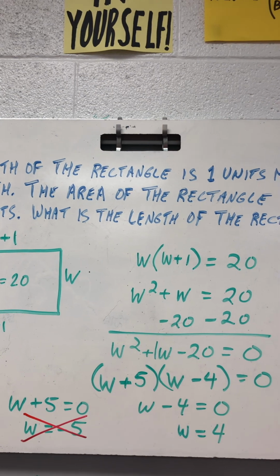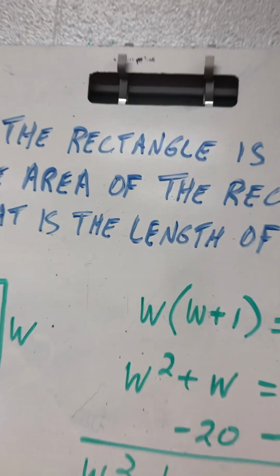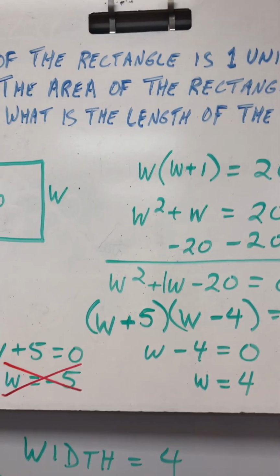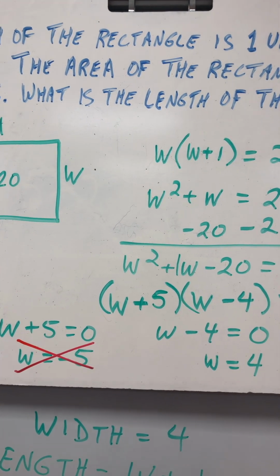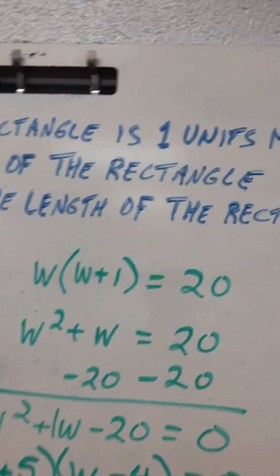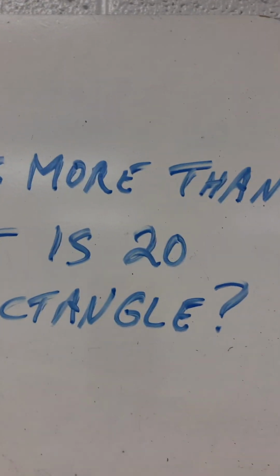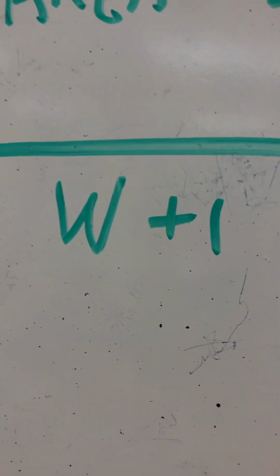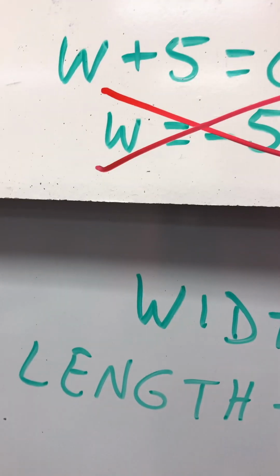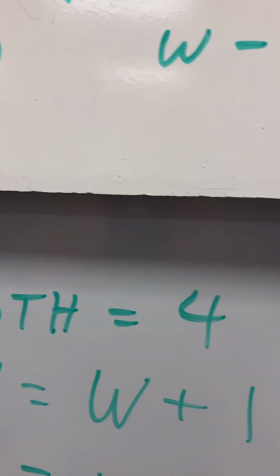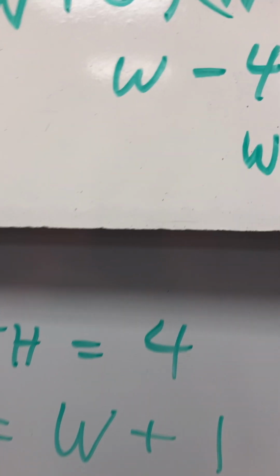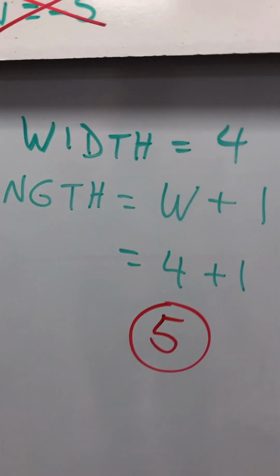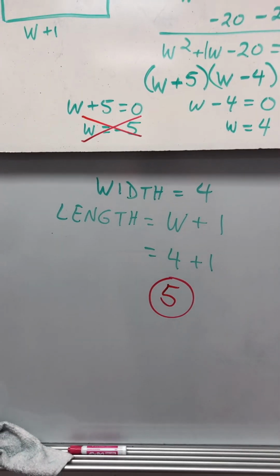But now the question says, what is the length? Okay? We have the width, but the length, remember, is 1 unit more than the width, or W plus 1, right? So the length is W plus 1. So instead of W, I put in 4. 4 plus 1 is 5. That's the length.